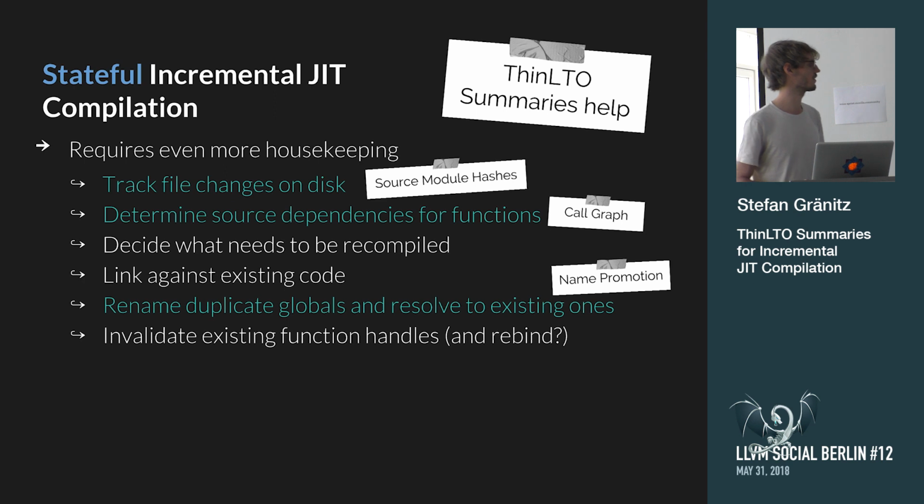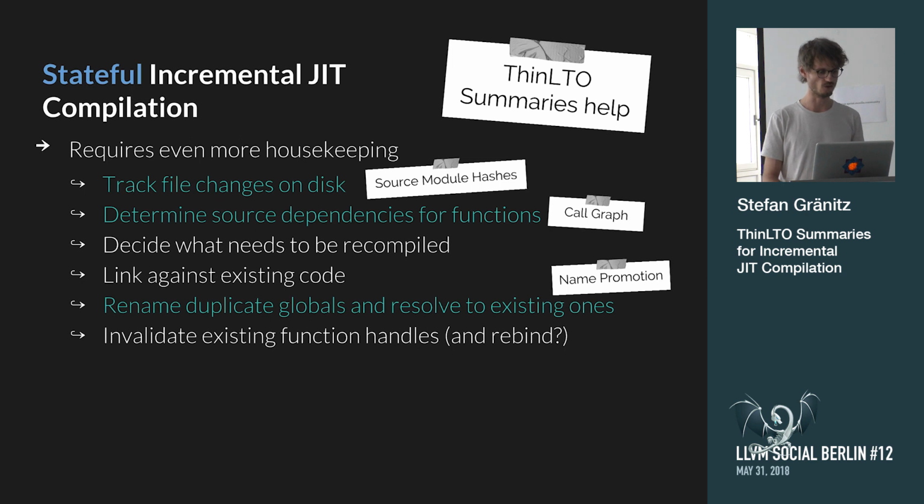It turns out that one thing changes in our list, and this is the global initializer question. What we actually want to do now is to rename global variables that we already have as an instance in memory and resolve the reference that we compile in our new code to the existing one. And the mechanism that ThinLTO gives us for this is called name promotion.